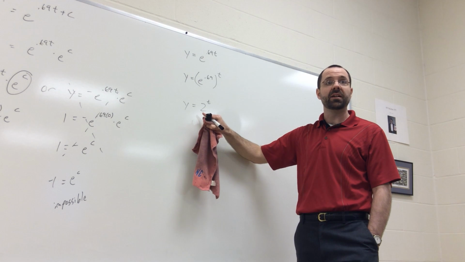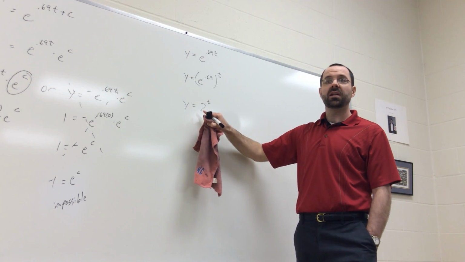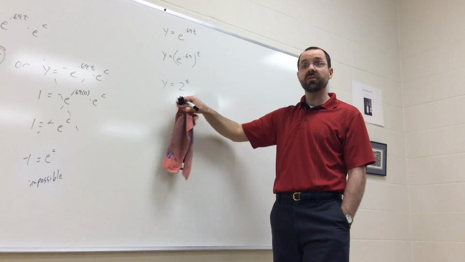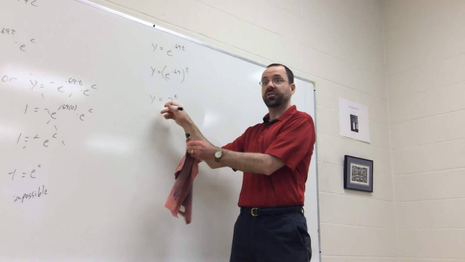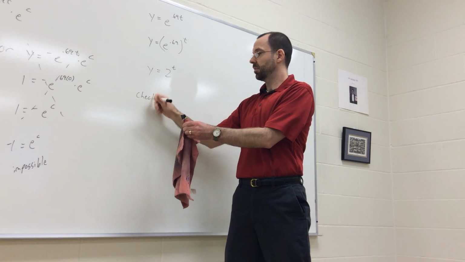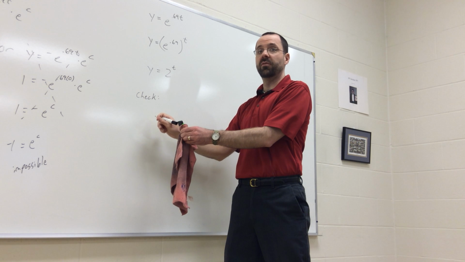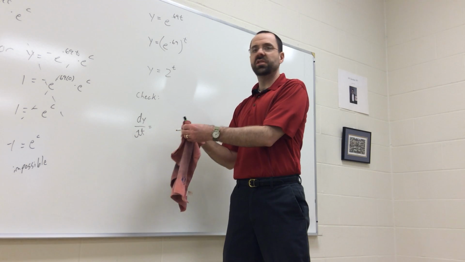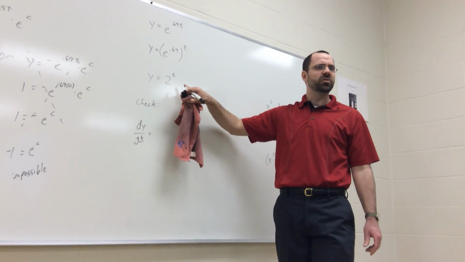It matches up with that. Now how can I check to see if the derivative is correct? Take the derivative of this. So this is my final answer, but I'm just checking now. So checking, we're going to take the derivative of this, and this is a derivative that we don't see super often.